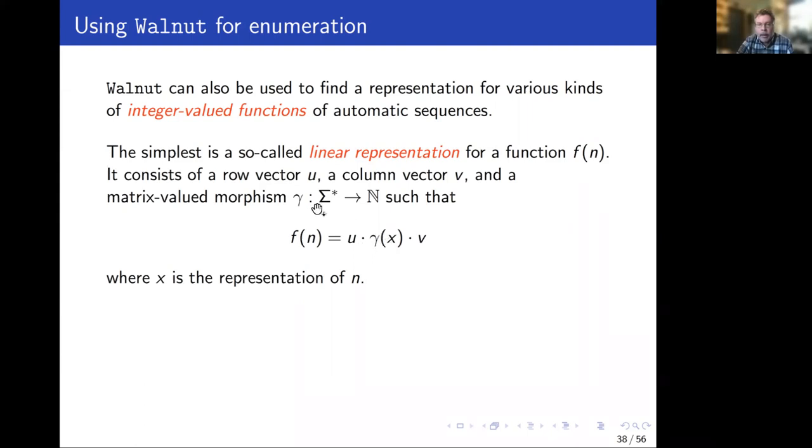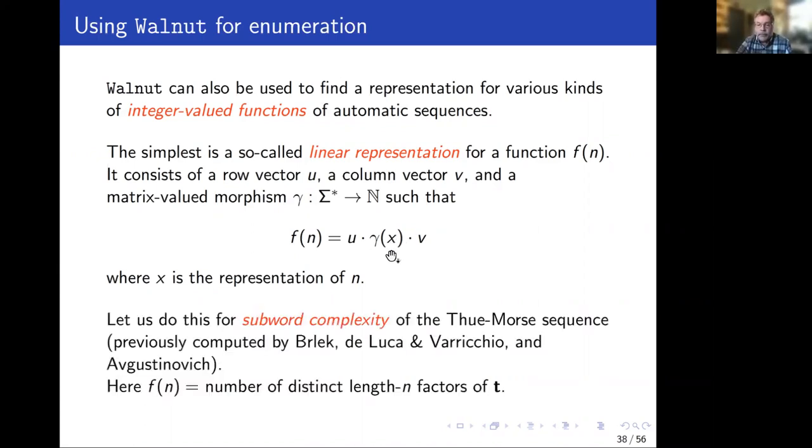And here gamma is a matrix valued morphism that is applied to the word x, and x is the representation of n. So if you have such a representation, you can compute f of n very efficiently, because all you need to do is represent x in the representation system that you want and evaluate this product.